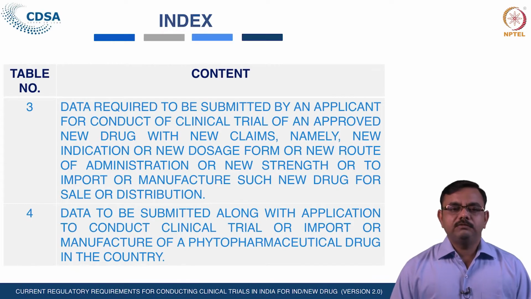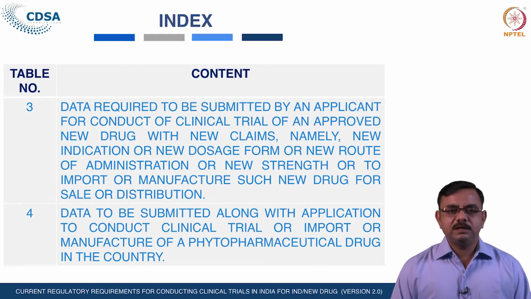In this data requirement, it has been divided into two parts. Part A is data to be submitted by the applicant, meaning whatever data the applicant has and has to submit, and part B is related to data generated by the applicant, meaning information which is not available but has been generated by the applicant for the regulatory approval.